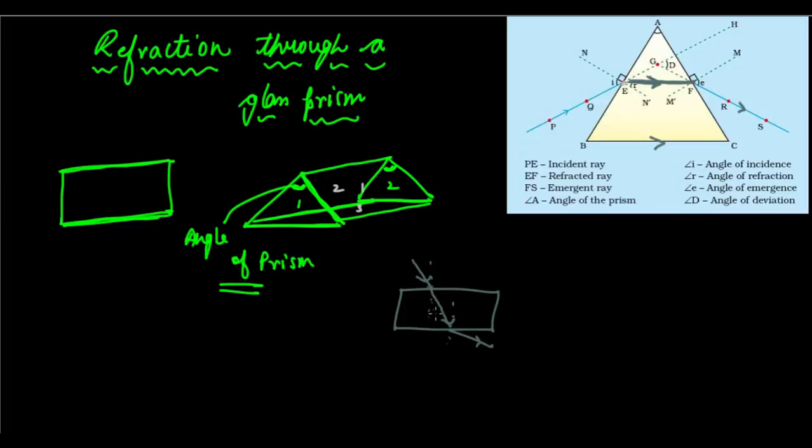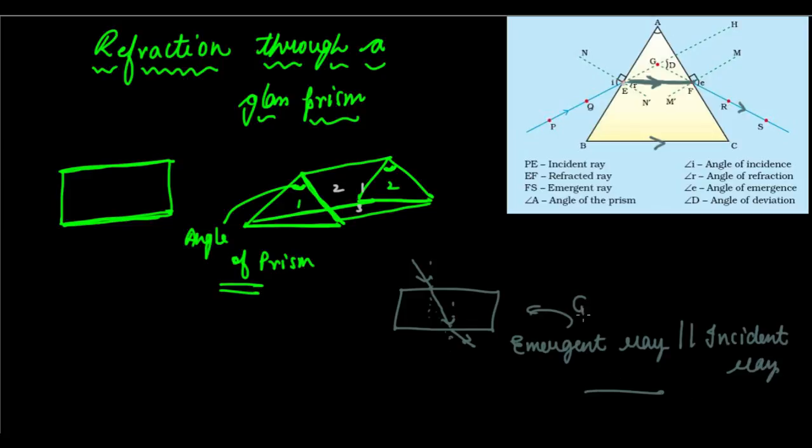So you can see that here it is emerging parallel to the incident ray. The emergent ray is parallel to the incident ray in the case of a glass slab. This is for the glass slab.